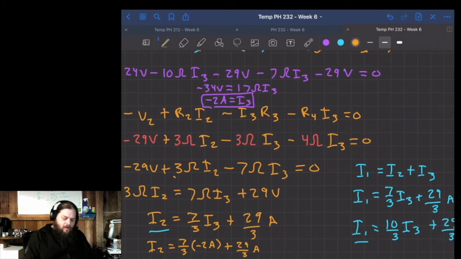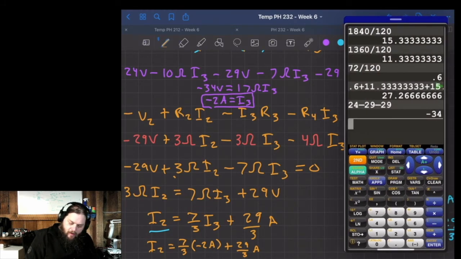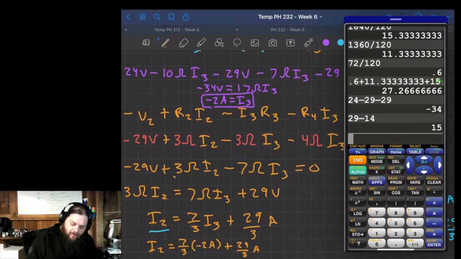So multiplying that across, that's going to be a negative 14 over 3 plus 29 over 3. So common denominators, let's just do 29 minus 14. So that's going to be 15 over 3 amps, which is equal to 5 amps. And that's for I2.